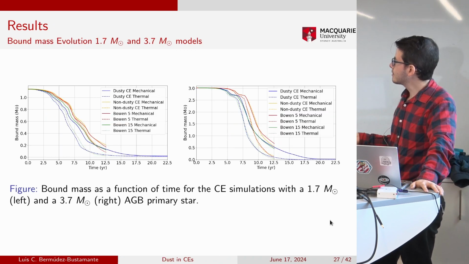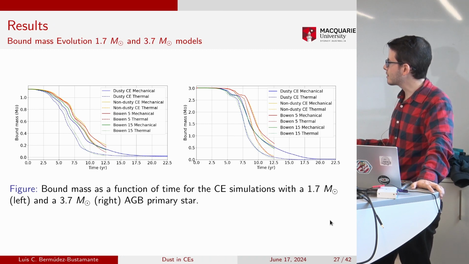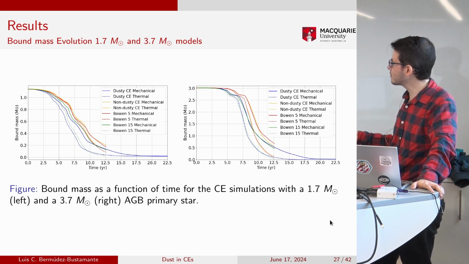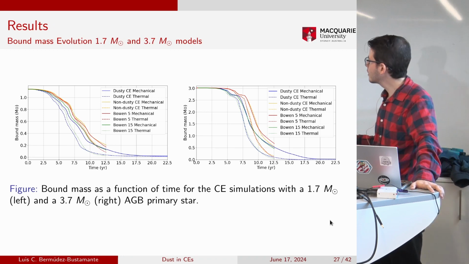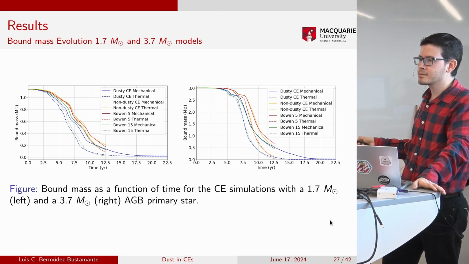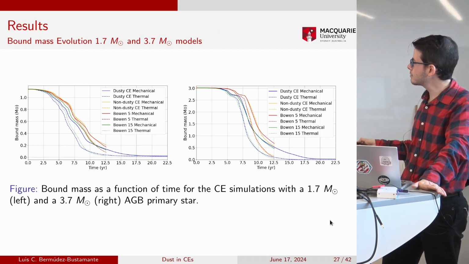And here I show you the amount of bound mass in the common envelope as a function of time for the two models, the 1.7 solar mass and the 3.7 solar mass. And here again, you have the nucleation models, the common envelopes without dust, or the Bowen simplified assumption.